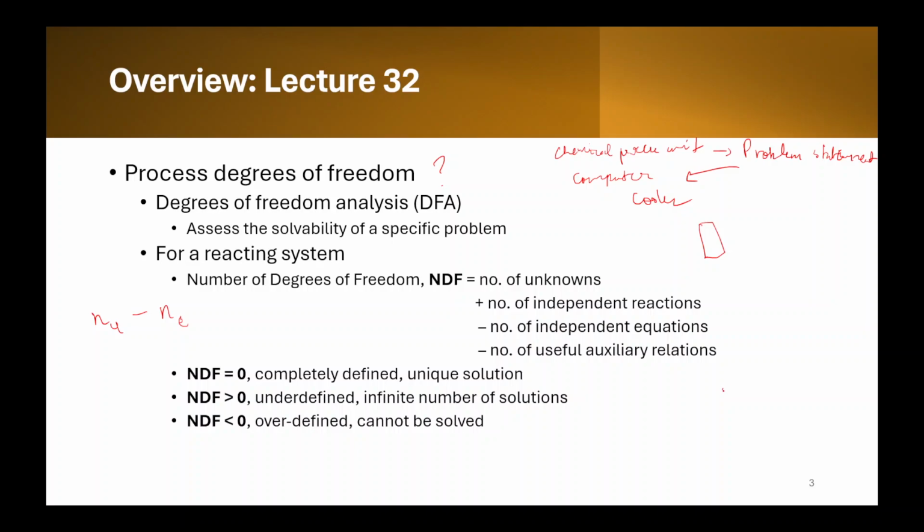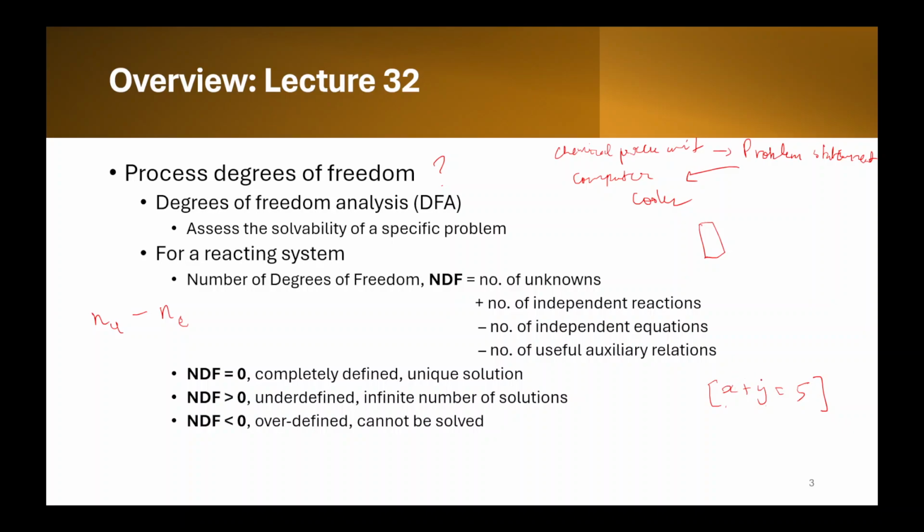Suppose x plus y is equal to 5. This is an equation, and you see that there are two unknowns here, so you require one more equation so as to get a solution.